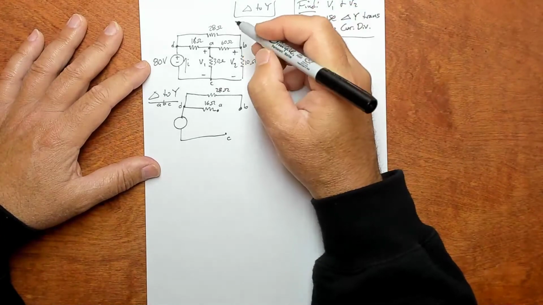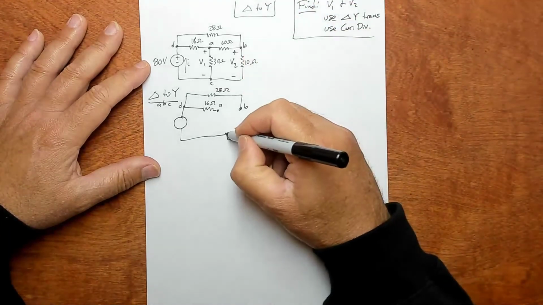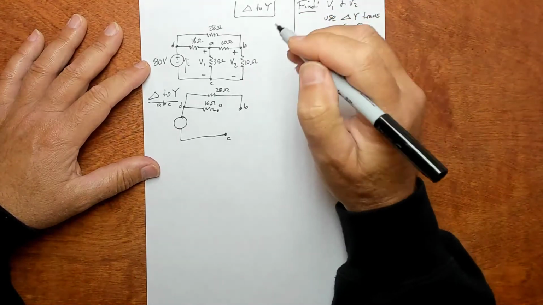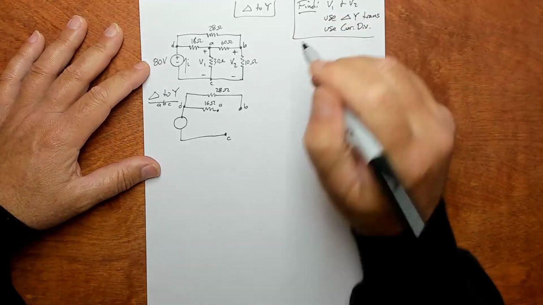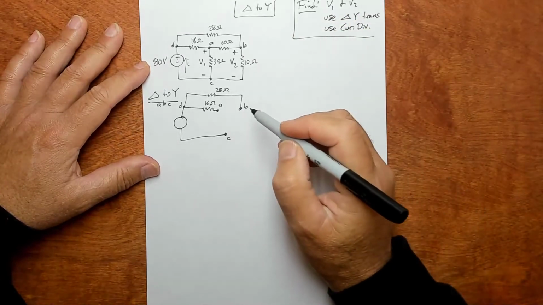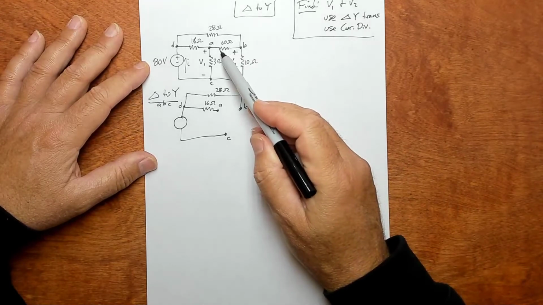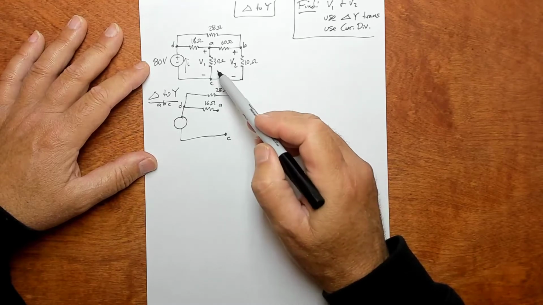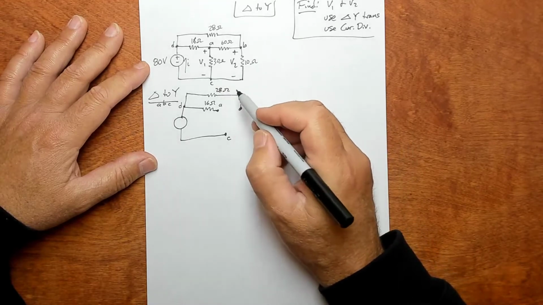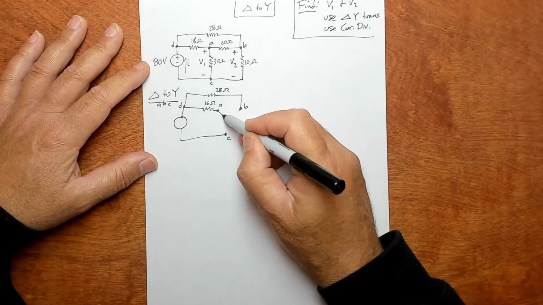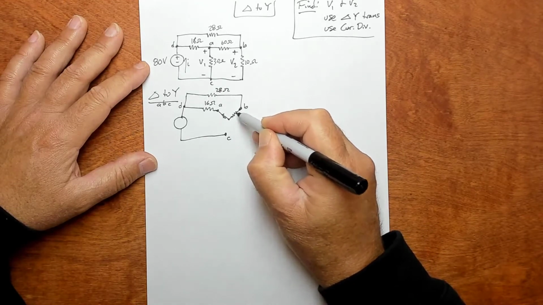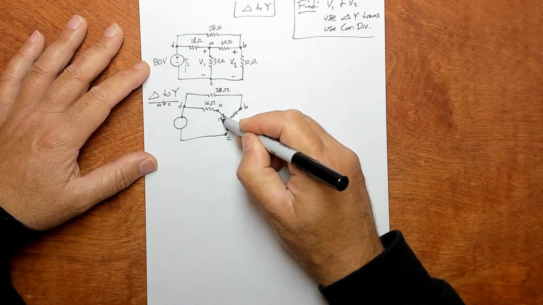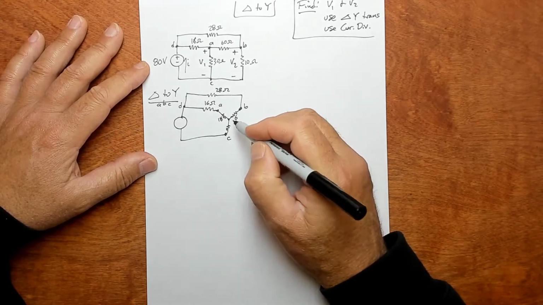Okay, so this is, well, I don't want to go too far down in the details here because it'll take too long and it'll also be confusing, but if you do the delta to Y transform, then the values you're going to get are these three resistors, and it's going to be 18 ohms, 6 ohms, and 3 ohms.